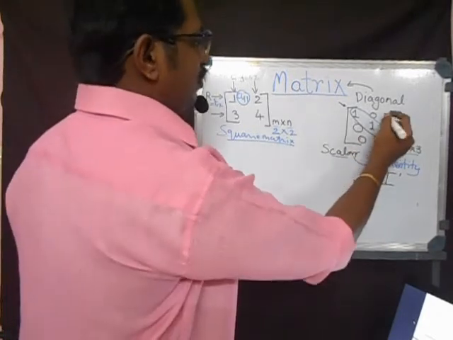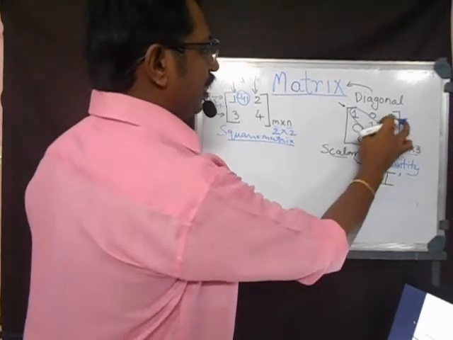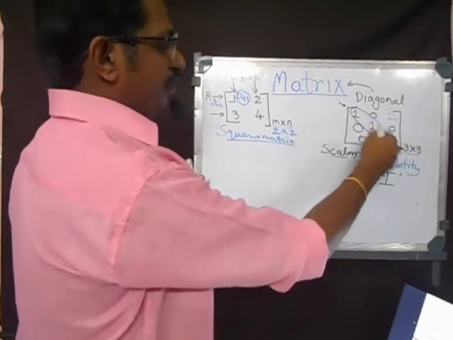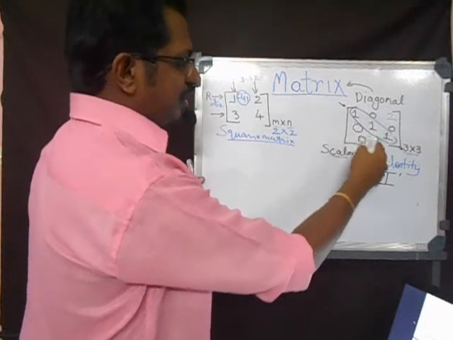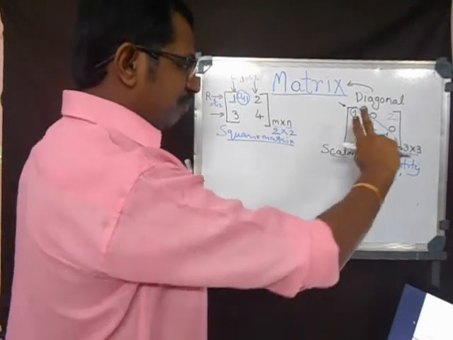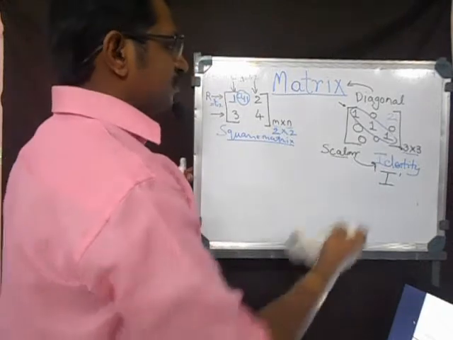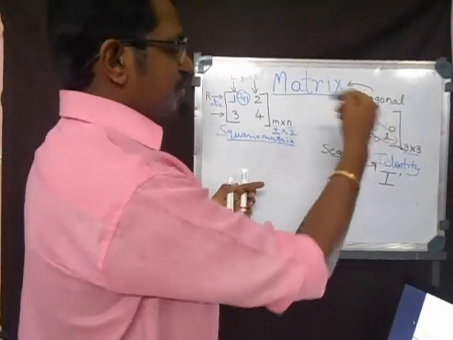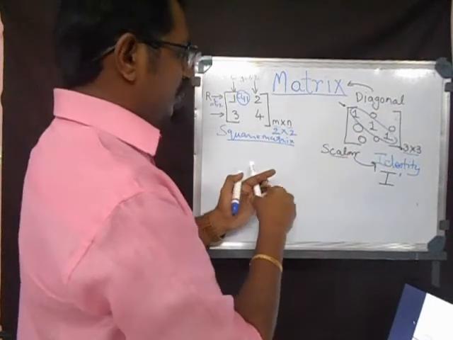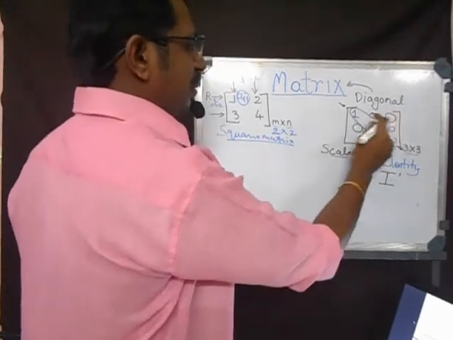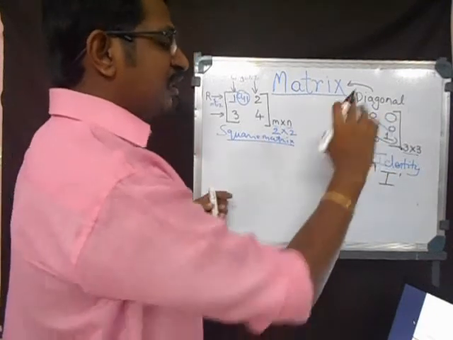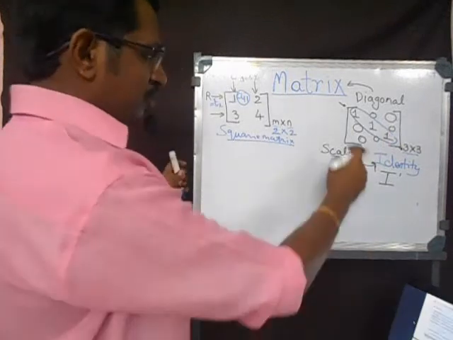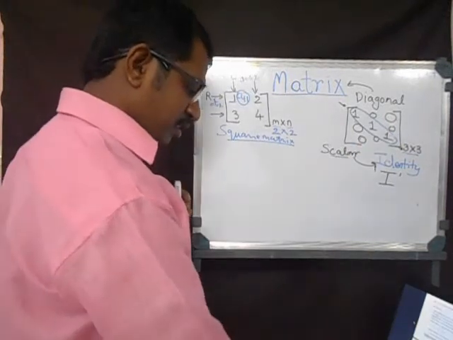Above the diagonal you can have 2 or 3, anything is not a problem, but below it should be 0. And the reverse case is the lower triangular matrix. We think it should be lower, but it is the upper triangle that should be 0 for a lower triangular matrix. It should be a square matrix, no doubt.